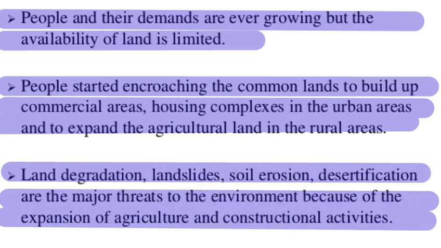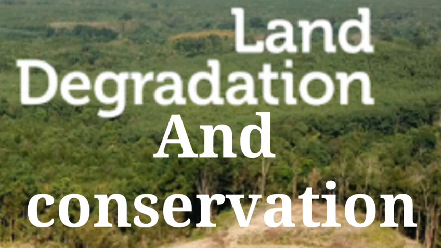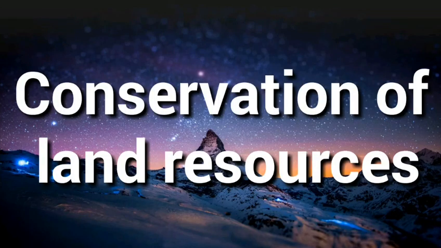Land degradation, landslides, soil erosion and many more are major threats to the environment because of the expansion of agriculture and construction activities. So, what are the causes of land degradation and how can we conserve land resources? Let's see in our next subtopic, conservation of land resources.